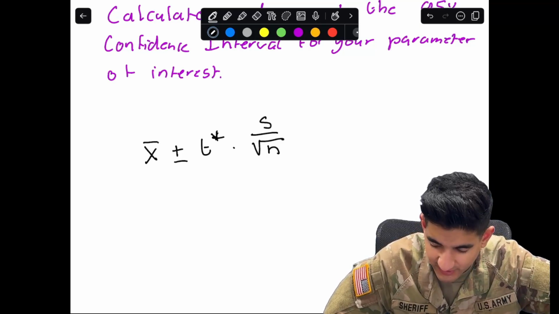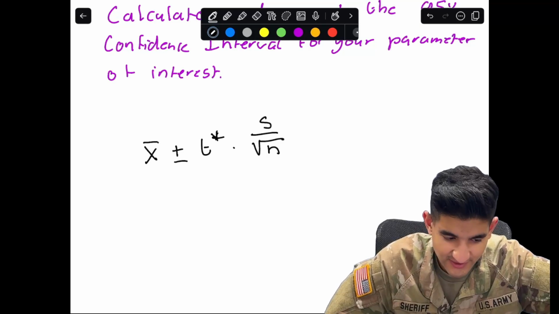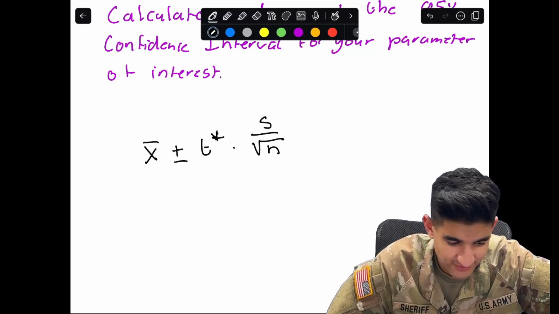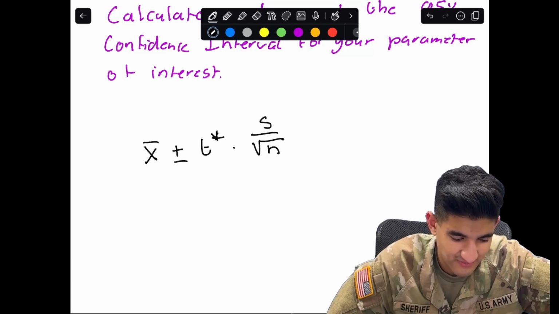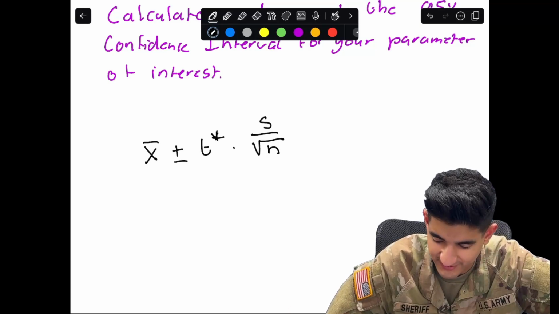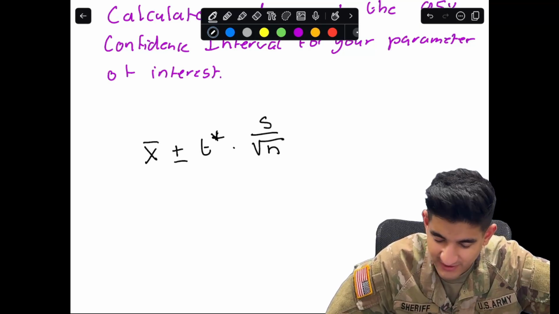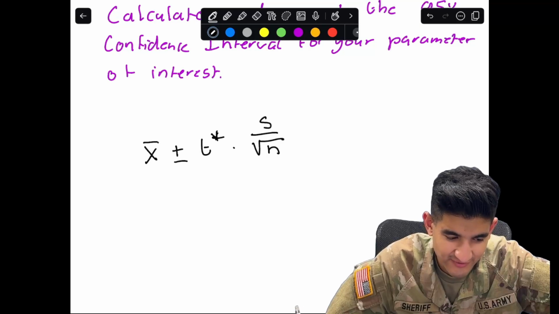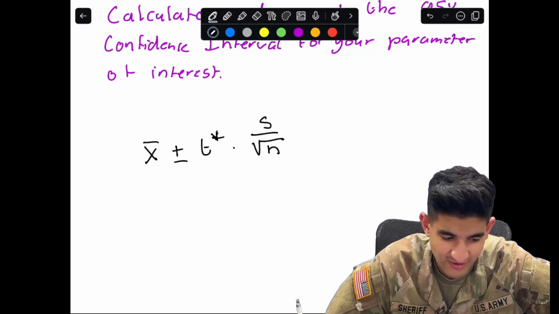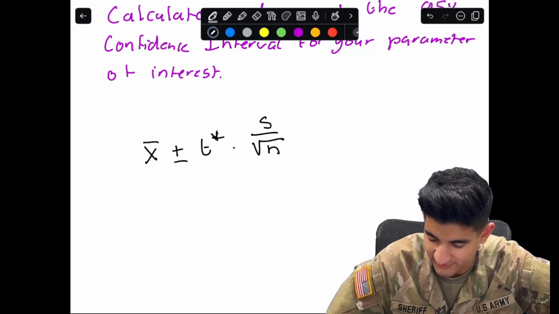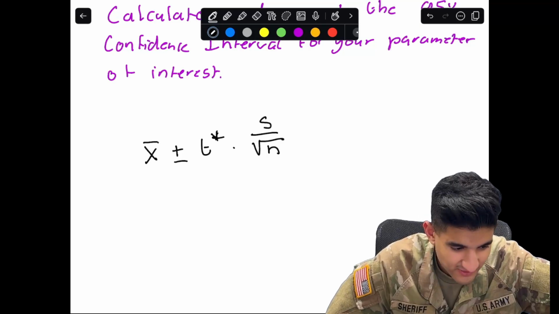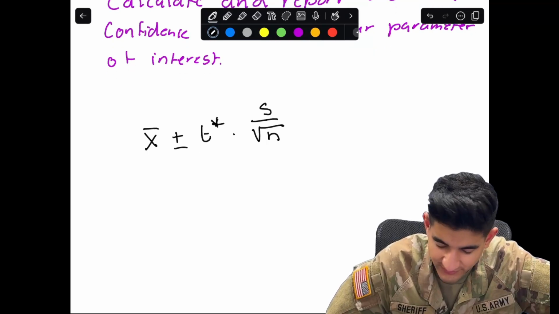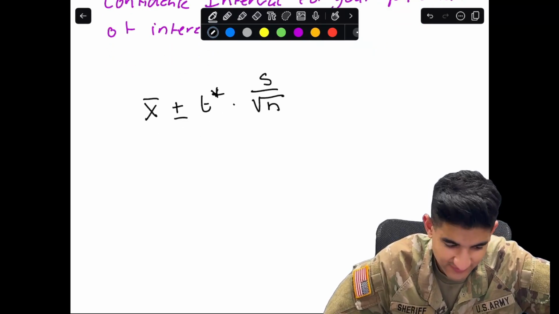You have your x bar, which is your sample mean, and then you have your t star, which we're going to calculate later. Then we multiply that by the standard deviation over our sample size, square rooted, of course. Before we do this, we need to find what this t star is.